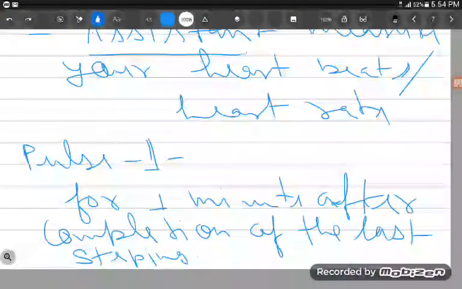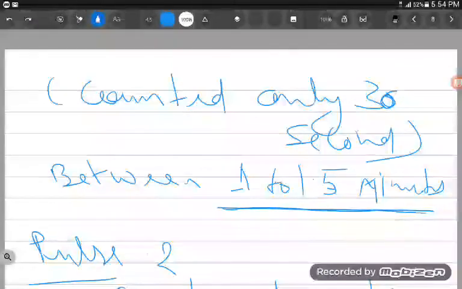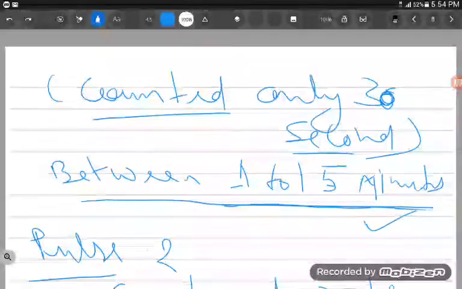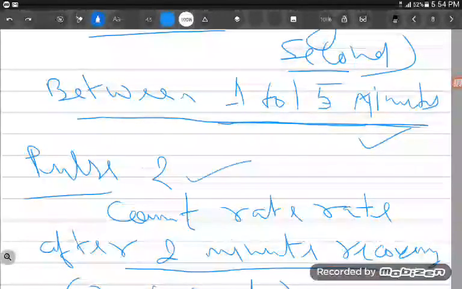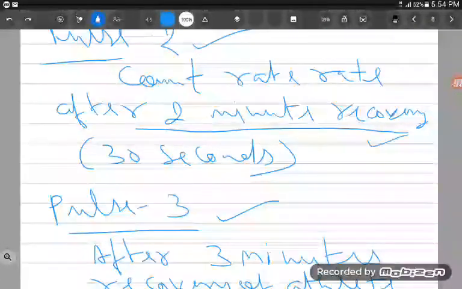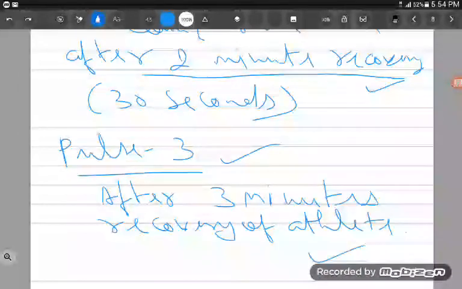Pulse 1 for 1 minute after completion of the last stepping. You will count only 30 seconds, between 1 to 1.5 minutes. Then you will record the second pulse, then the third pulse. Second pulse after 2 minutes recovery, third pulse after 3 minutes recovery. You will count 30 seconds and multiply by 2. You will get the ratio.